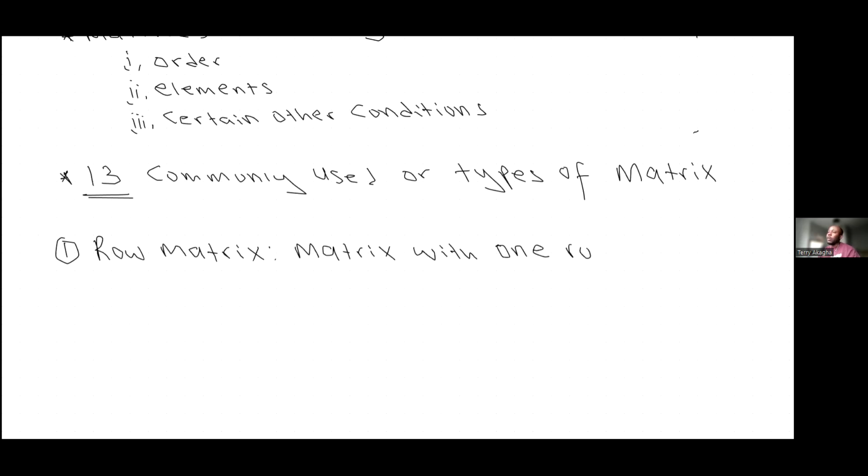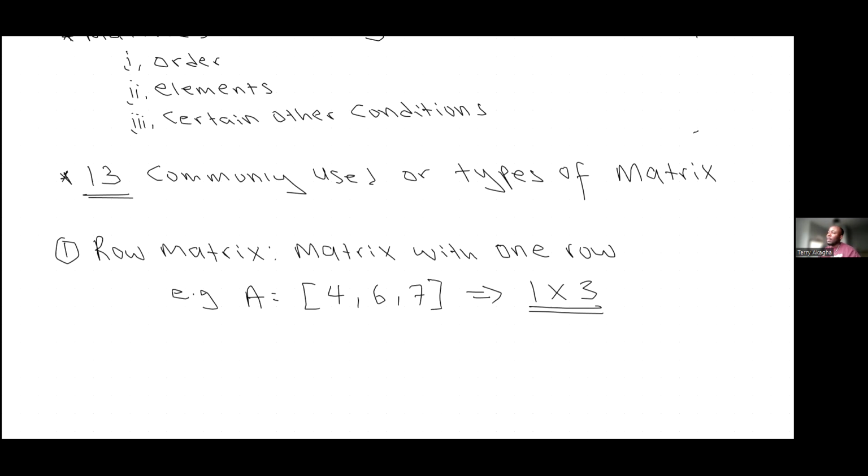For example, we can have a matrix A that is 4, 6, and 7. Definitely this is a 1 by 3. So the order for this is 1 by 3. It has 1 row and 3 columns. So this is a row matrix, which is a matrix with 1 row.